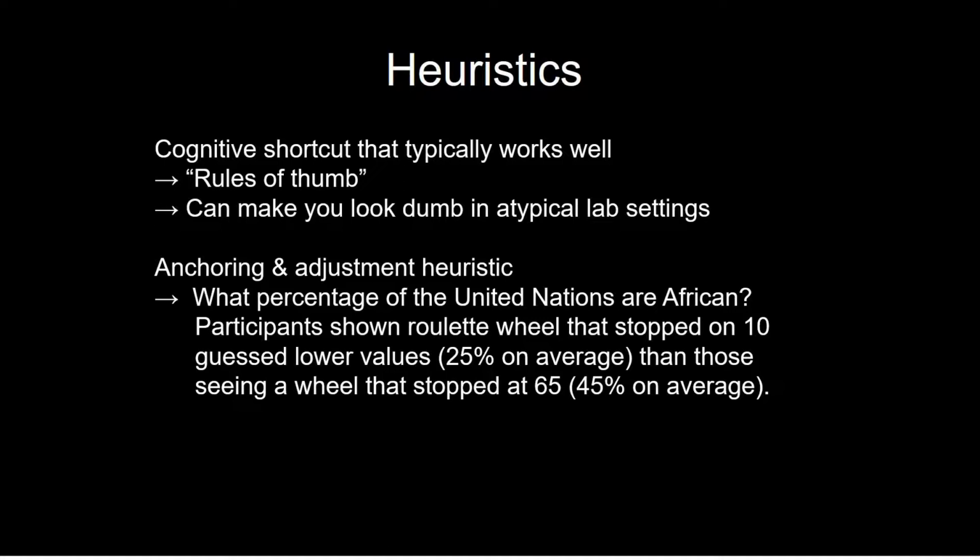And because most of the participants in these studies didn't really have any idea what the correct answer was, people will start with that anchor and adjust away from it. So if you see a roulette wheel that stopped at 10, then you guess a much lower fraction of UN countries being African than if you see a roulette wheel that stopped at 65.